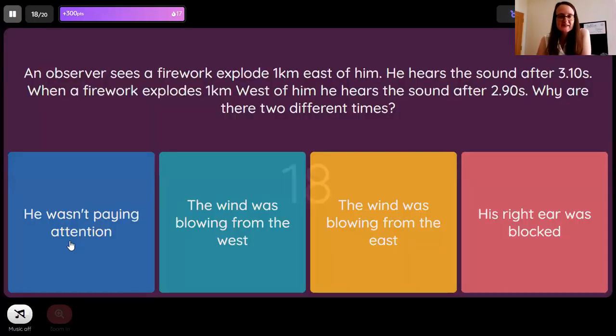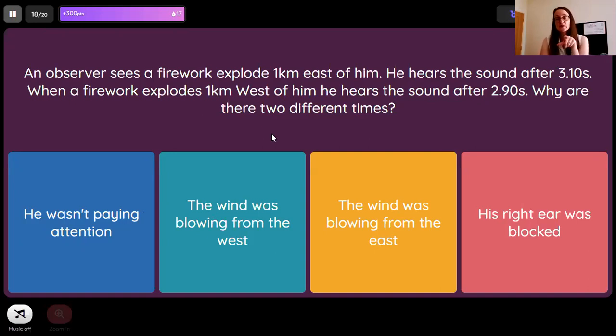Right, an observer sees a firework explode 1 kilometre east of him. He hears the sound after 3.1 seconds. When a firework explodes 1 kilometre west of him, he hears the sound after 2.9 seconds. Why are there 2 different times? Well, sound is travelling through the air, but the wind can help or hinder that sound to arrive at your ears.